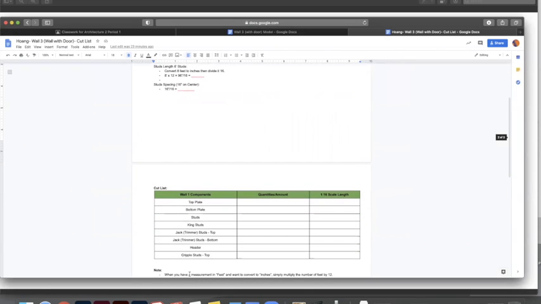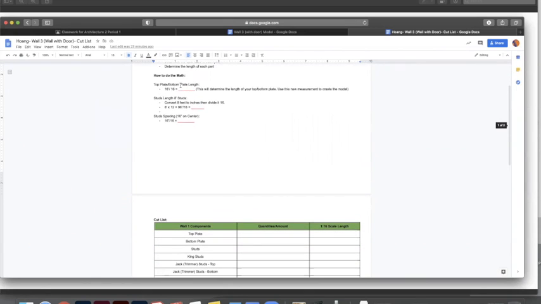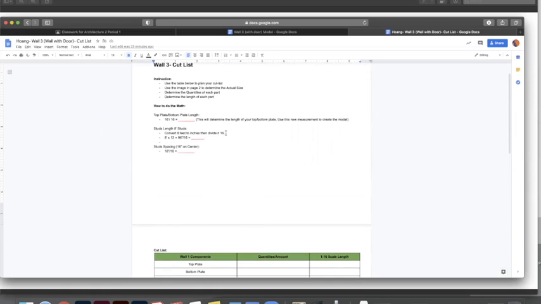Our goal is to create the cut list, and the math for this is already pre-loaded for you, just like last week. If you want to go back to last week's assignment, you can find this really easily simply by taking 16 feet, dividing by 16, and you get 1 foot. Similarly, for the 8-foot stud, you can multiply by 12 and get 96.